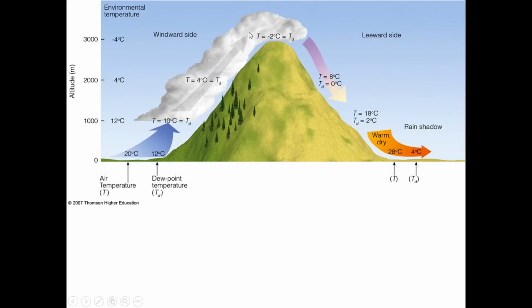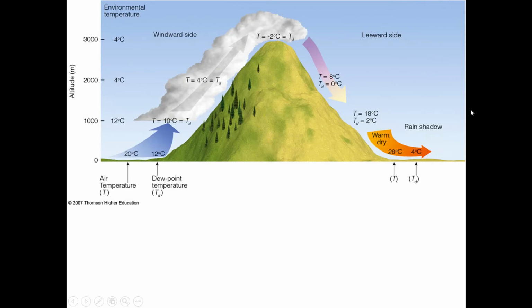That's making the parcel drier and drier and drier. Eventually it makes it to the other side of the mountain where it sinks, and as it's sinking, it actually warms dry adiabatically. So it becomes a much warmer air parcel by the time it reaches the surface. It's much warmer and much drier. As a result, the air here on the leeward side is much warmer and drier.